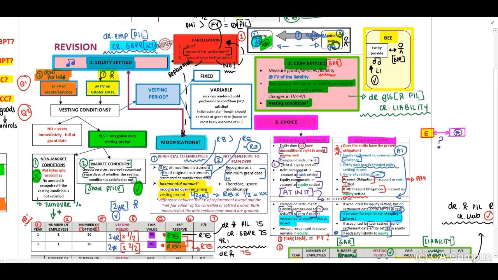Now, how do you measure the value of that good BEE level, guys? How do you quantify this? Now, they indicate to us in FRG 2.14 and 2.15.